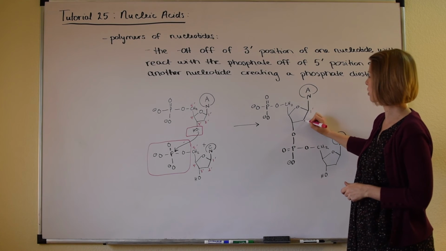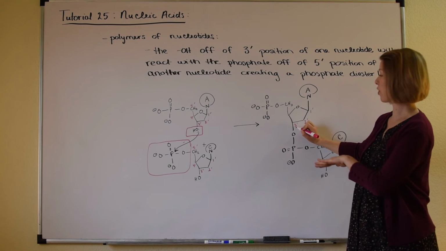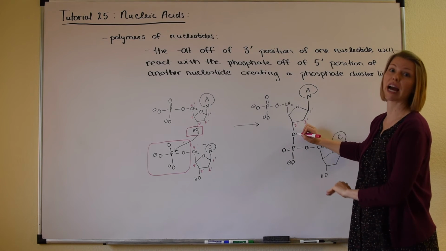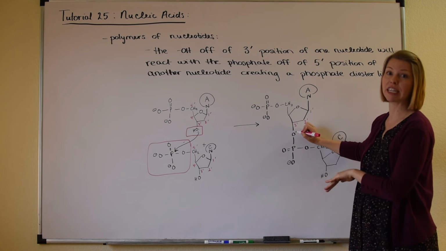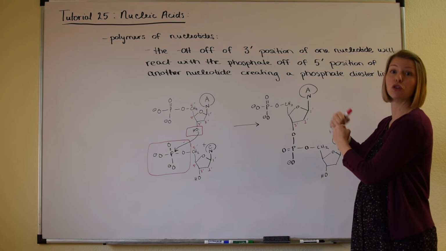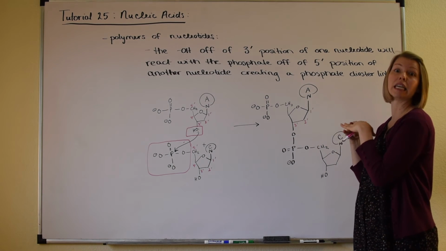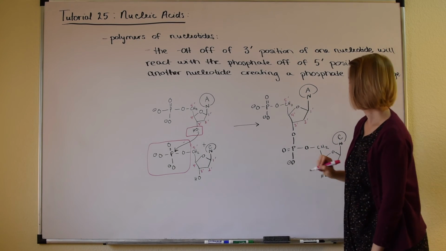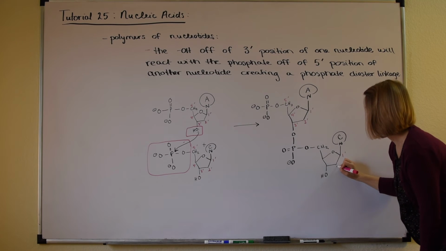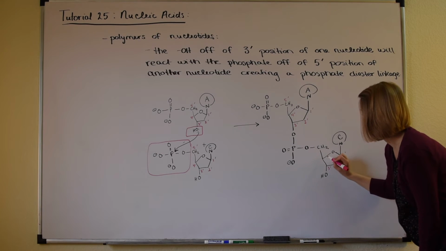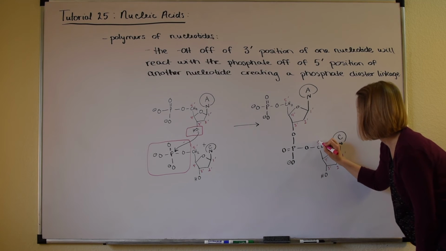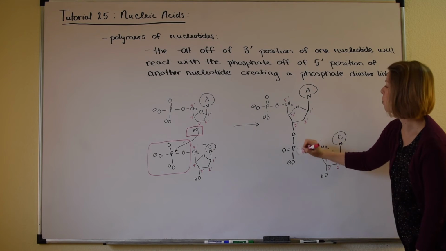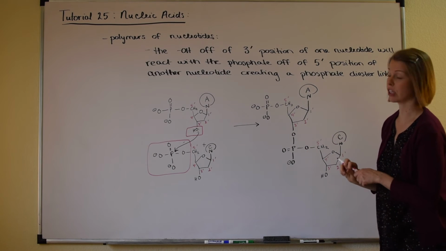Got our 1', our 2', our 3'. Our 3' alcohol is now gone. It was involved in the reaction. It's now part of the phosphate diester linkage that's connecting these two nucleotides, creating the dinucleotide in this case. 4' and 5'. And then we've got our 1' here, our 2' here, our 3' here, our 4' here, our 5' here, and the phosphate off of the 5' here is now part of that phosphate diester linkage as well.